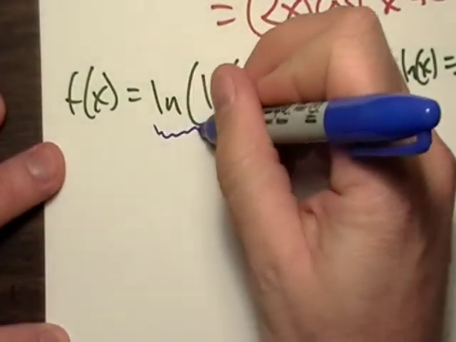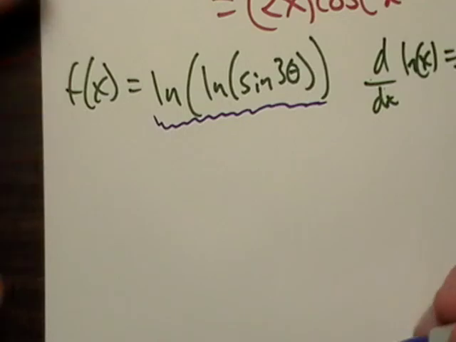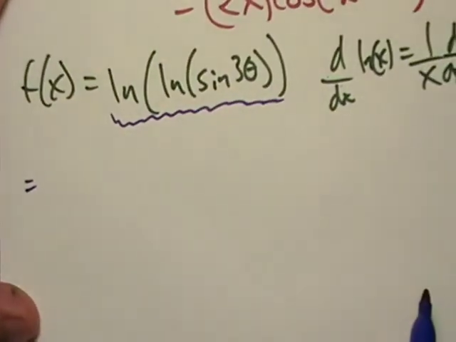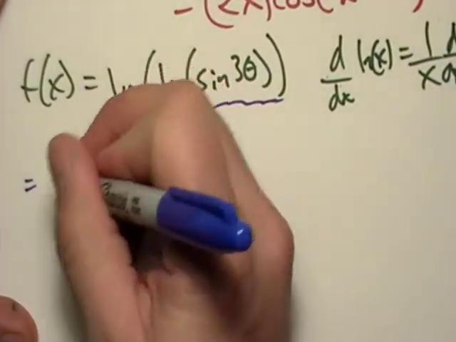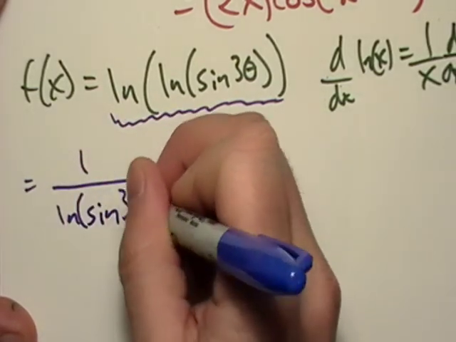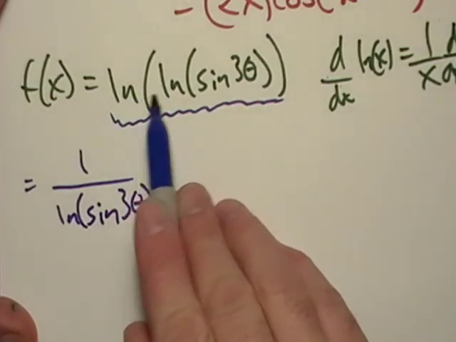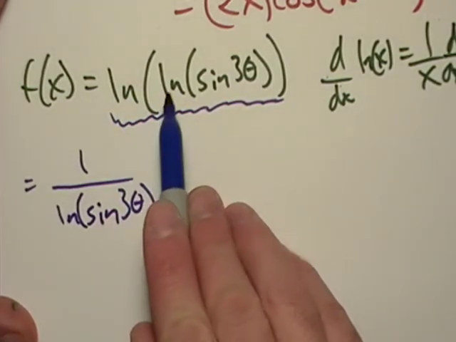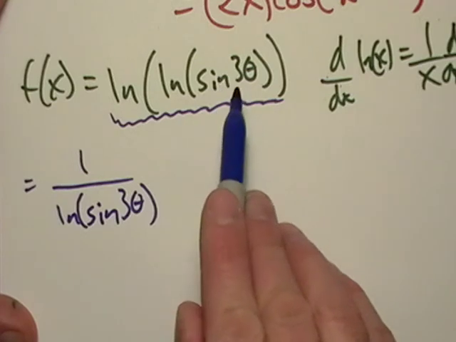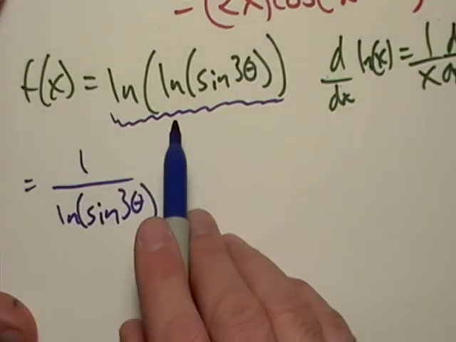Well, the first thing we want to do is take the derivative of the entire thing, okay? That is going to be equal to 1 over natural log sine 3 theta, isn't it? See, I took whatever was inside the logarithm, which was another logarithm of a trig function, and that just went down to the denominator. Do you see how that happened?